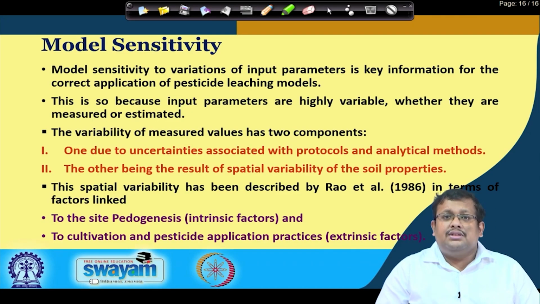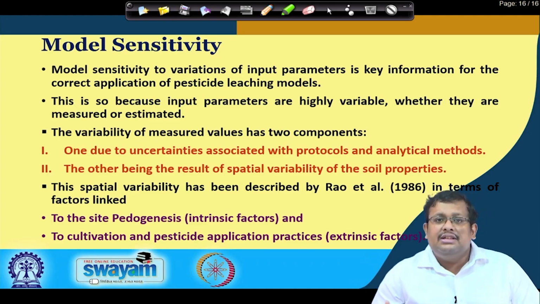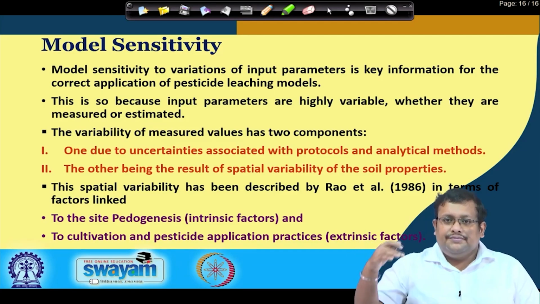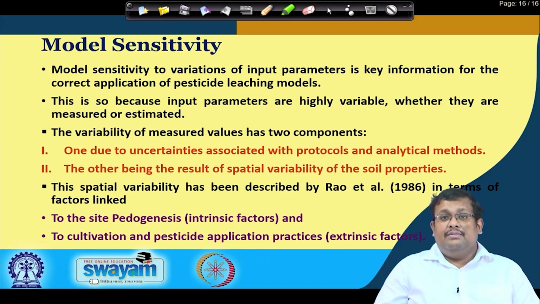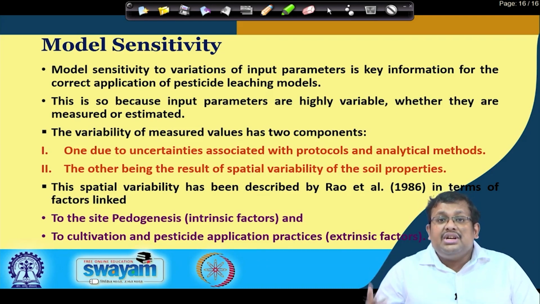If the structure of the soil varies from one soil to another, the model will also show different outputs or different variation in its simulations. So, that is called the sensitivity. It is very important to identify the input parameters which are highly variable, whether measured or estimated.